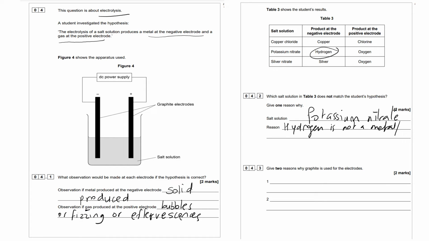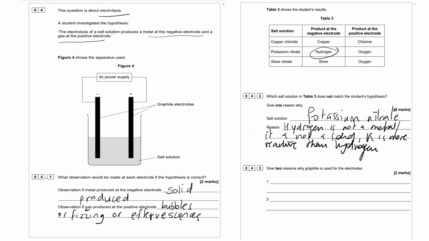Or you could just put down it's not a solid. So it's a gas being produced on both sides of the electrodes, and at the negative electrode, not potassium. And the reason being, potassium is more reactive than hydrogen. So I've given you lots of different reasons, but you're only going to need one of these.